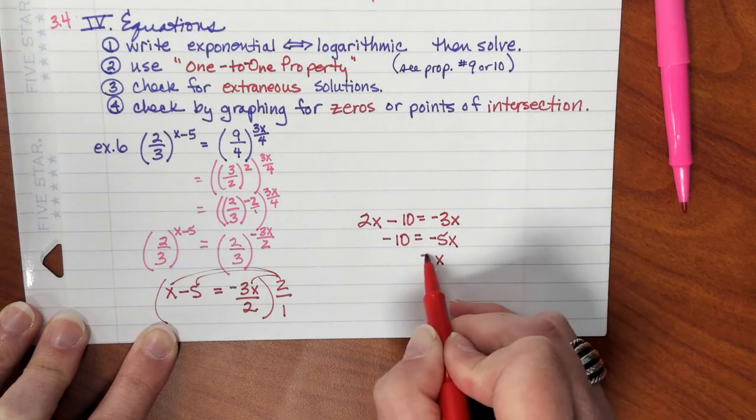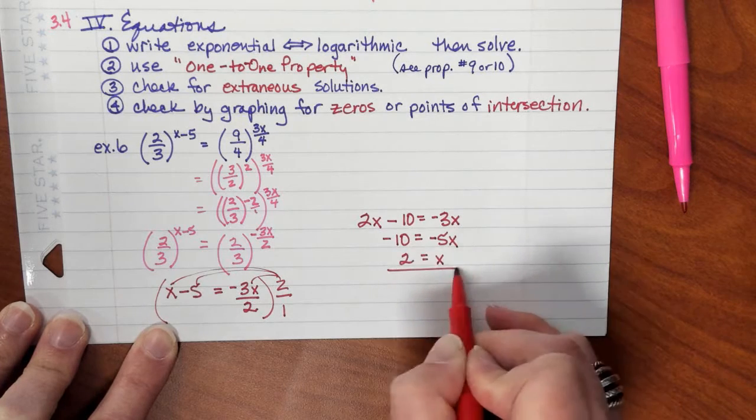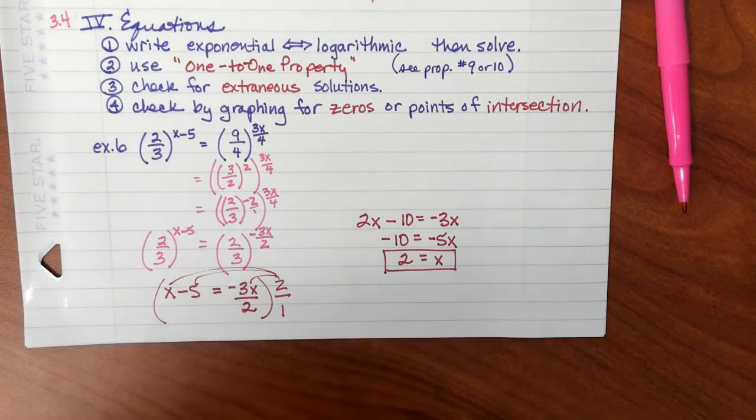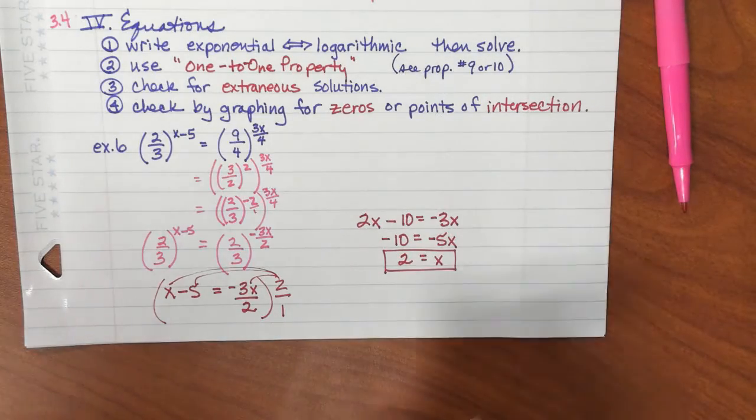X must be +2. And you can verify all of these, but it's like a puzzle. You can plug that back in and verify that that is the answer. All right, let's try another one.